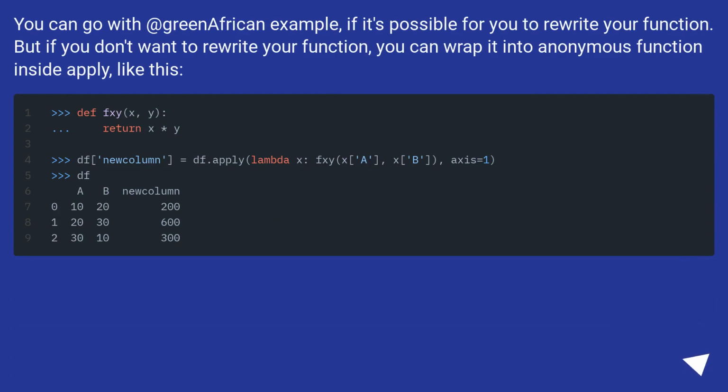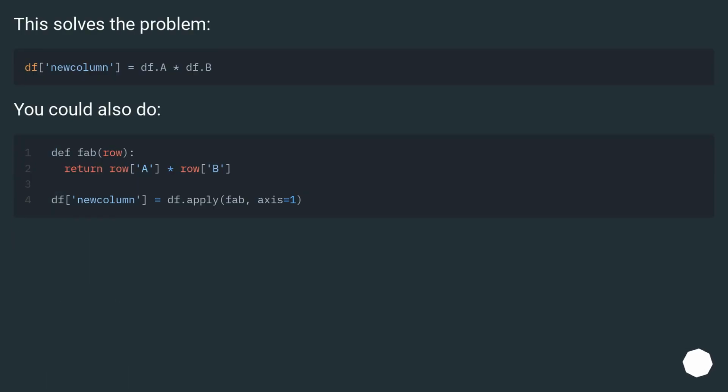But if you don't want to rewrite your function, you can wrap it into anonymous function inside apply, like this. This solves the problem.